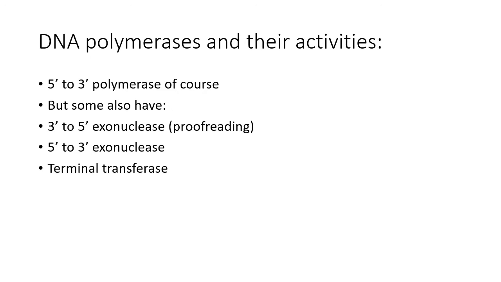But polymerases do differ in terms of other sorts of activities, so I'd like to remind you a little bit about that. They can have 3' to 5' exonuclease activity, they can have 5' to 3' exonuclease activity, and they can have terminal transferase activity. And some polymerases have different versions of these, or different groups of these.